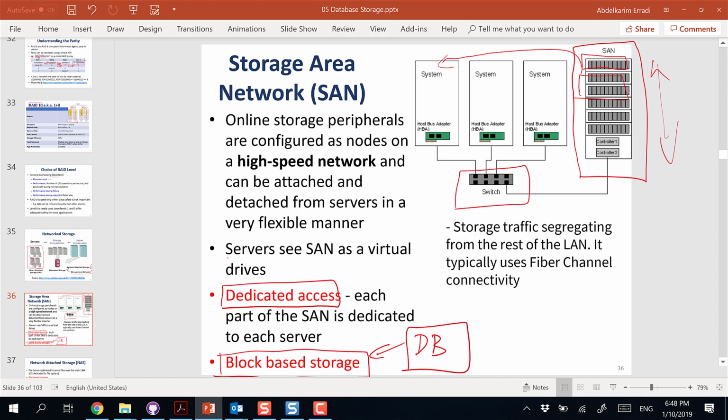Usually it's sold as one piece; you just bring it, plug it into your infrastructure and connect it with your servers, not using Ethernet. You must use a much higher speed, dedicated network, not a network that is shared by other users to send emails and watch YouTube and so on. That will not work. It has to have a dedicated network connecting your SAN box with your servers. Then you have a very high speed, excellent solution for a database.